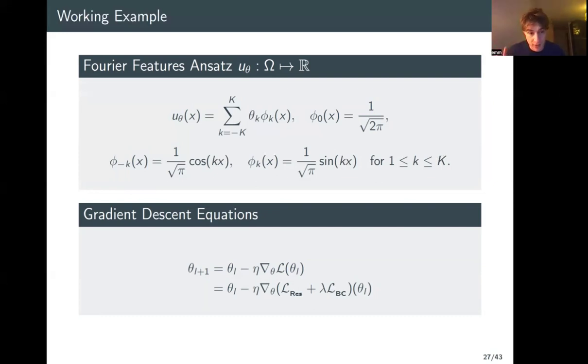So once we have everything, we can write down the gradient descent equations. Here we just consider gradient descent in its simplest form. And now we just have to compute the gradient with respect to the parameters theta of the residual loss and the boundary condition loss.